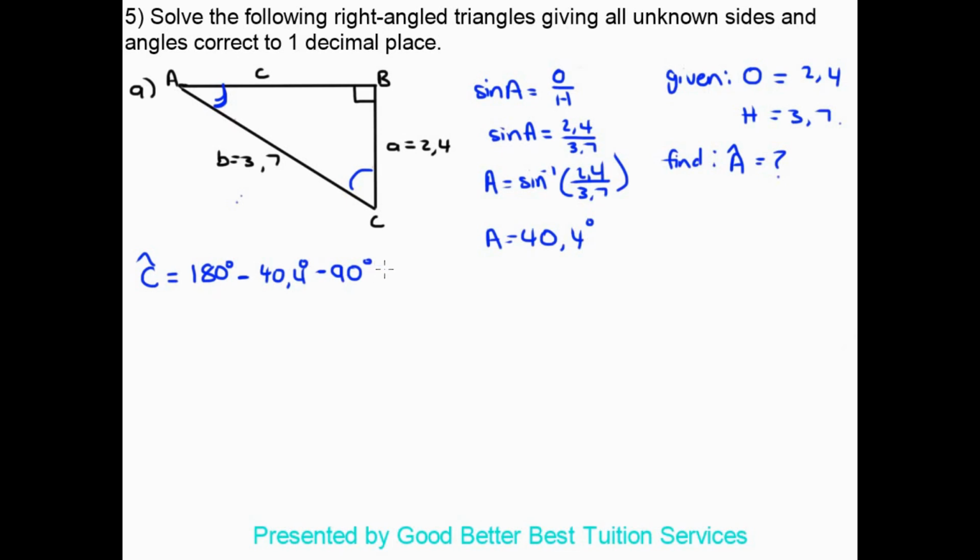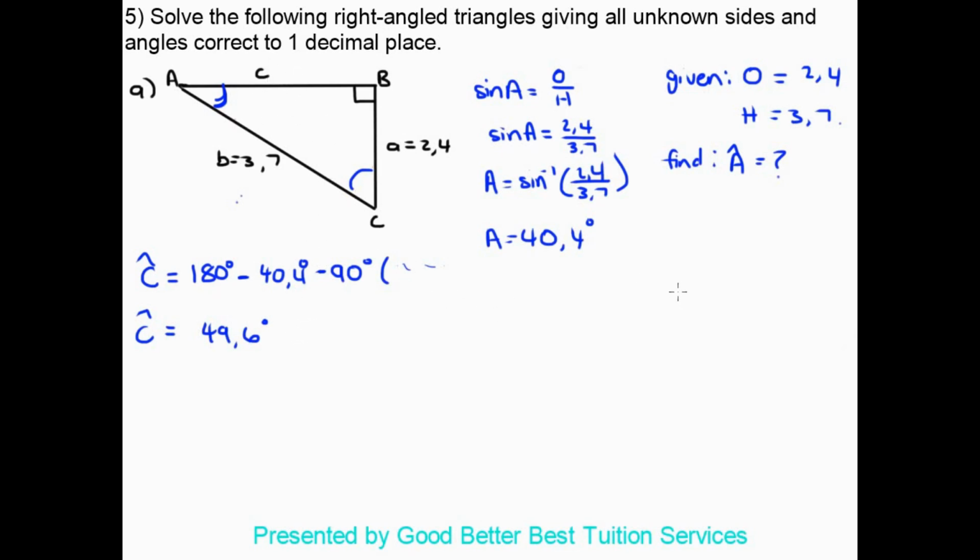And what you can go ahead and do is write in your reason, which is obviously angles of a triangle equal to 180 degrees. I'm just not going to write it for the sake of space. And so what you end up getting as your final answer is that angle C is equal to 49.6 degrees.